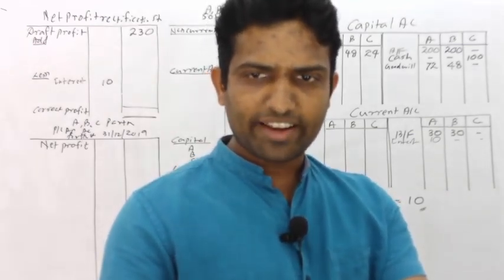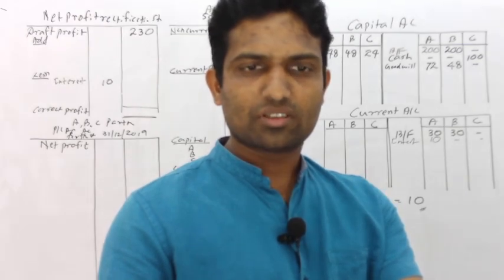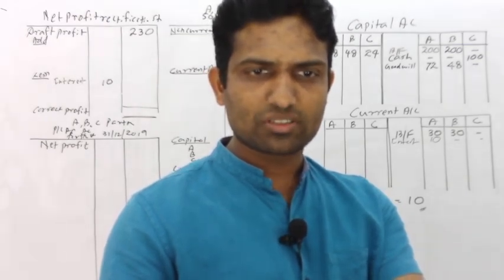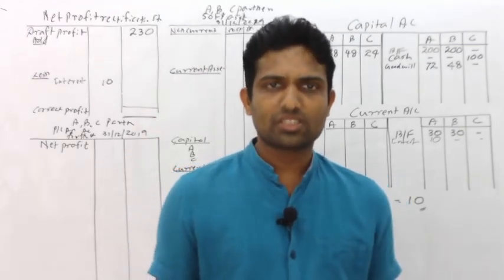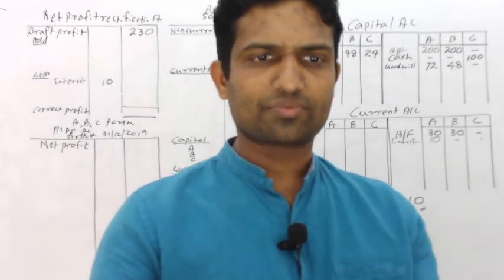The total amount had been debited to salary and wages account. We can do this adjustment later because we don't know what is the salary payable to C. So we will do that later on.